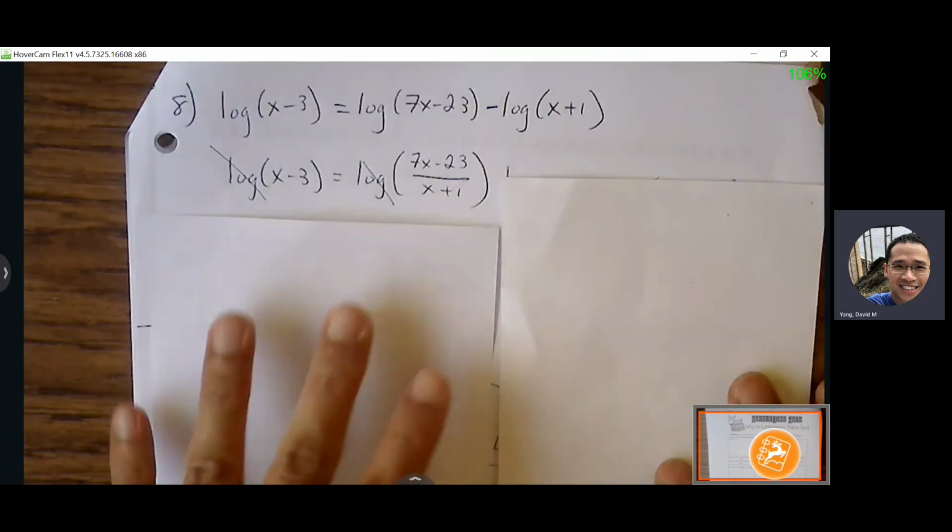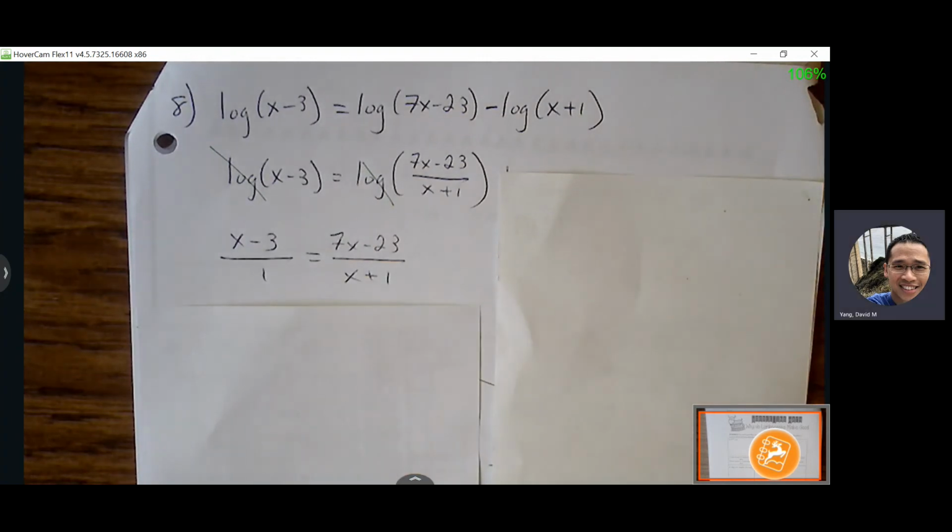Now that I have a 1-to-1 log equation, I can remove them and set my arguments equal to each other. I'm going to put that 1 underneath the x minus 3, cross multiply, and solve for x.